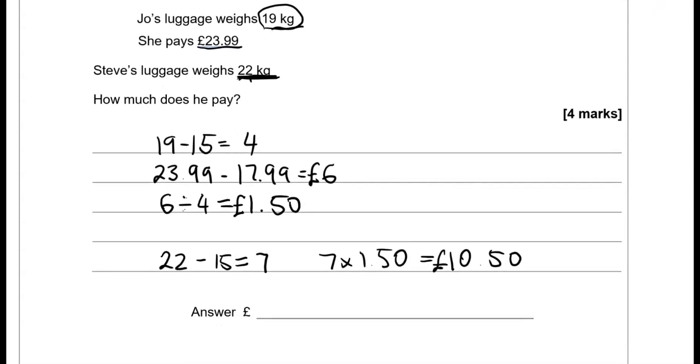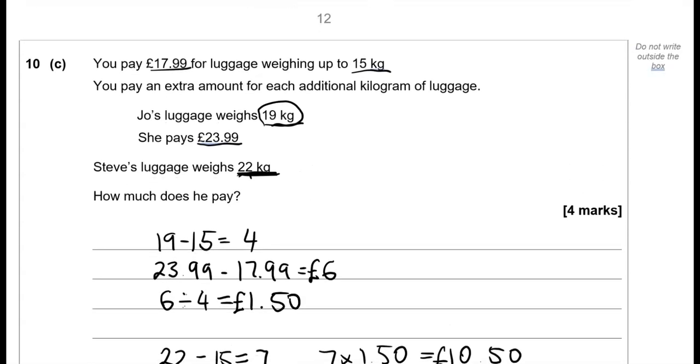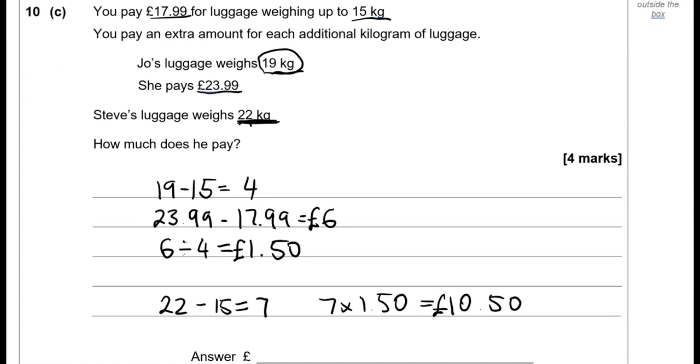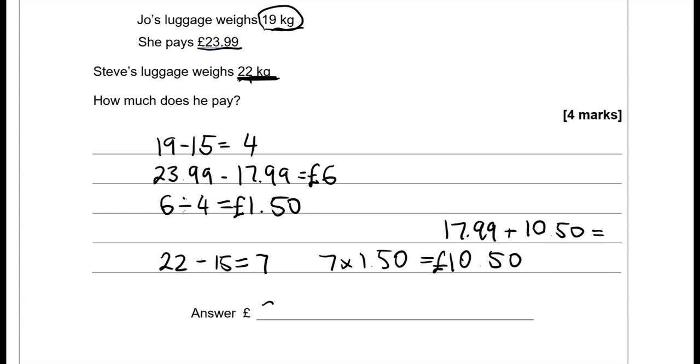But we also need to add the £17.99. So £17.99 add £10.50 gives us £28.49.